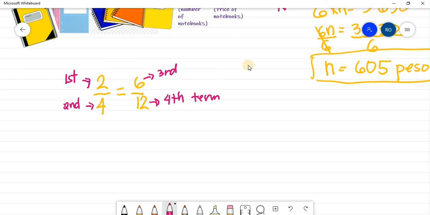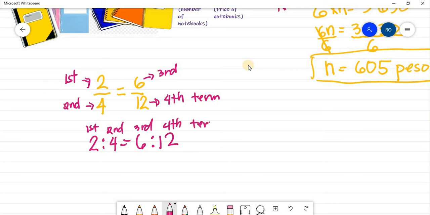We can also write the proportion in ratio form: 2 to 4 is equal to 6 to 12. Again, this is the first term, the second term, third term, and the fourth term.